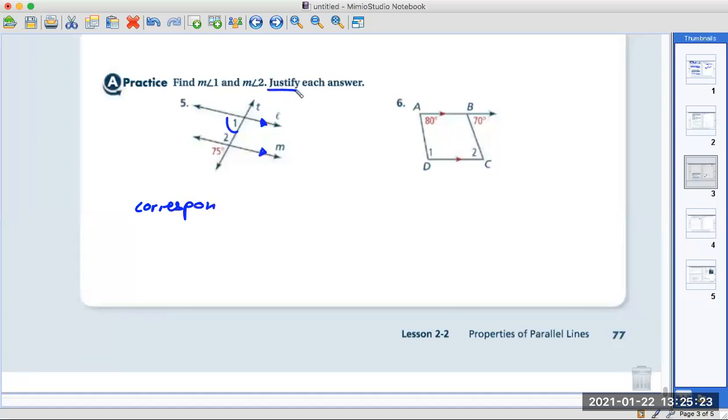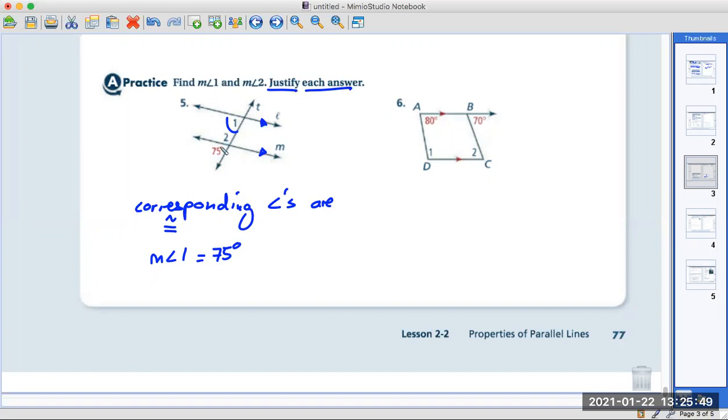This is called justifying. I'm writing why. Corresponding angles are congruent in this case because we have parallel lines. So measure of angle 1 is equal to 75 degrees. And what about angle 2?